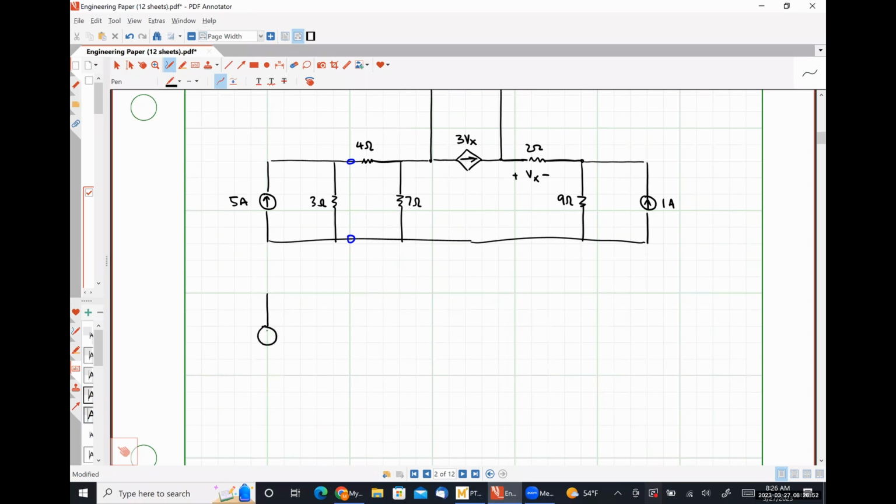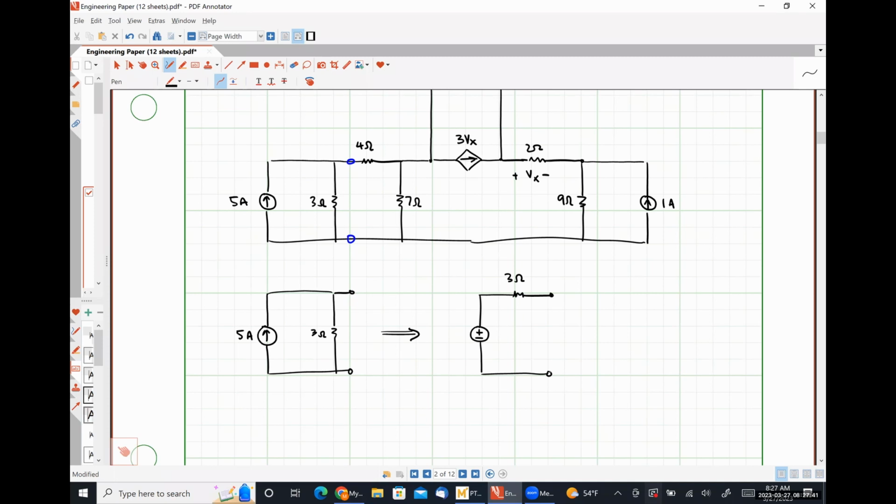So if I have a 5 amp source in parallel with a 3 ohm resistor, I can use source transformation to give me a voltage source in series with a 3 ohm resistor, where the value of that voltage source is simply going to be Vs, or excuse me, is equal to Is times Rs, right?